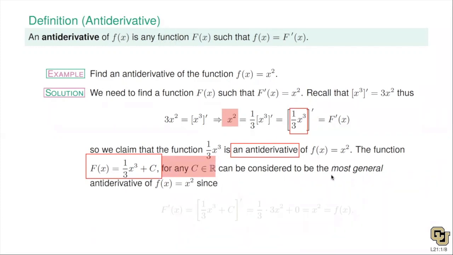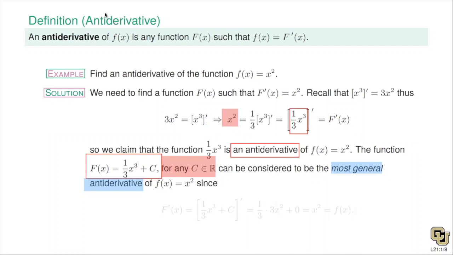And here, this function, f of x equal to 1/3 x cubed plus c, doesn't represent one function, it represents infinitely many functions. For each choice of c, we have a different antiderivative of x squared, technically speaking.